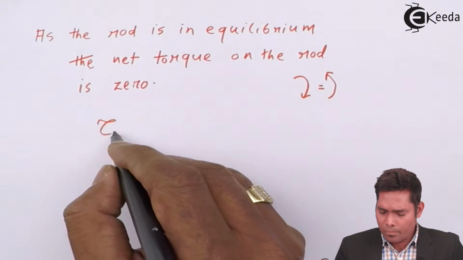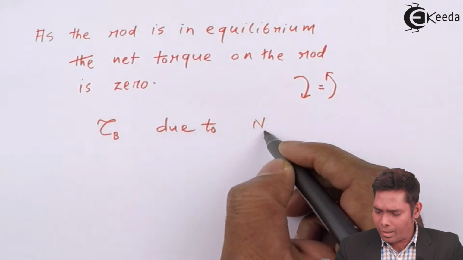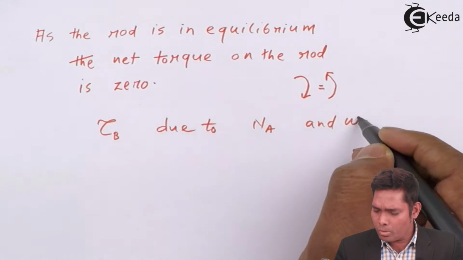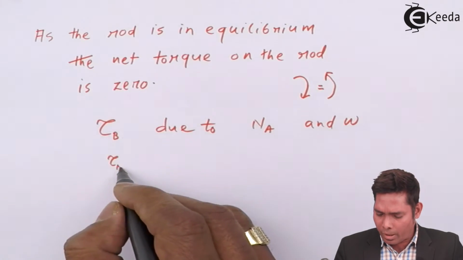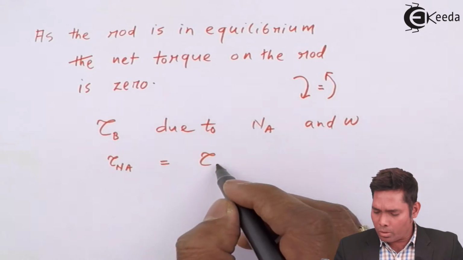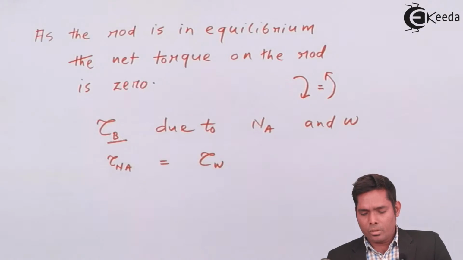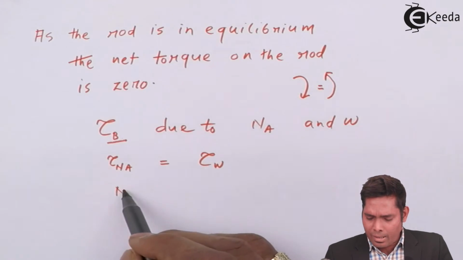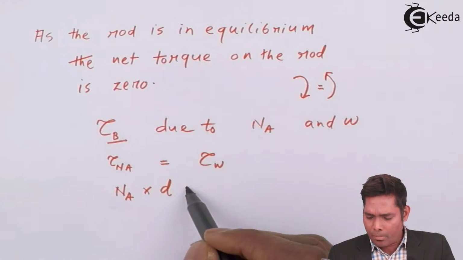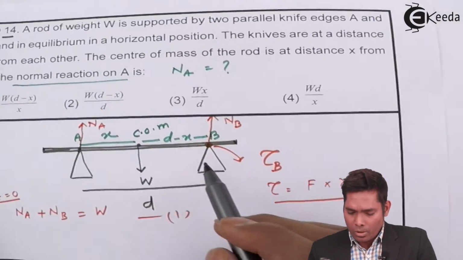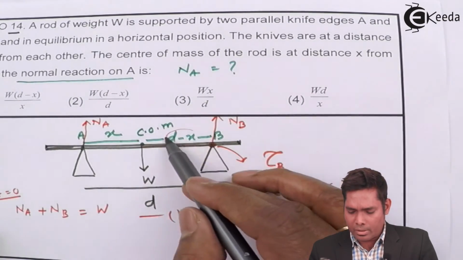So the torque about point B due to NA and W: the torque due to NA must equal the torque due to W about point B. The torque due to NA is the normal reaction at A times the perpendicular distance D. This must equal the weight W times this distance, D minus x.